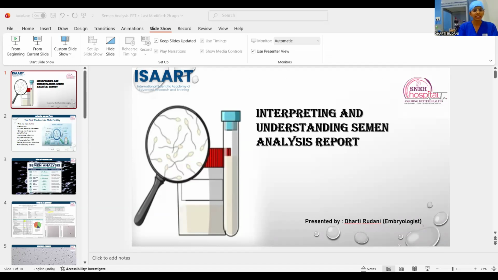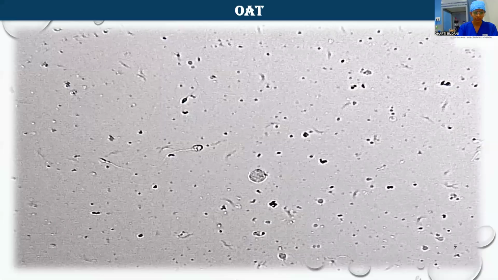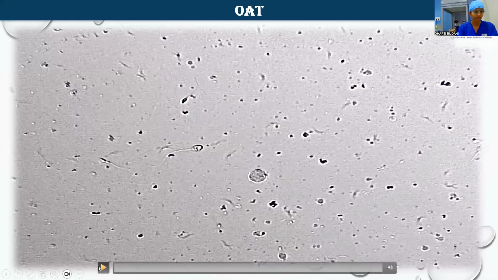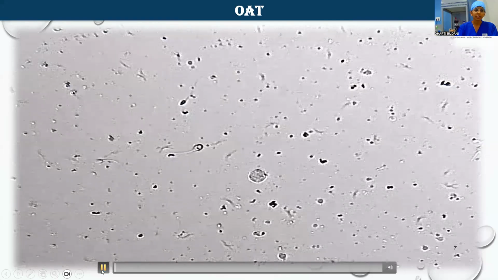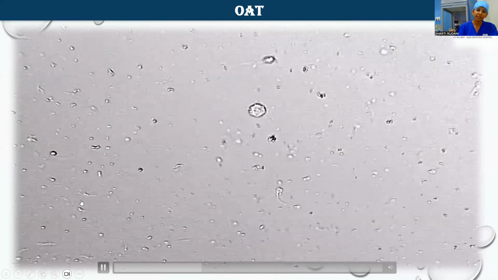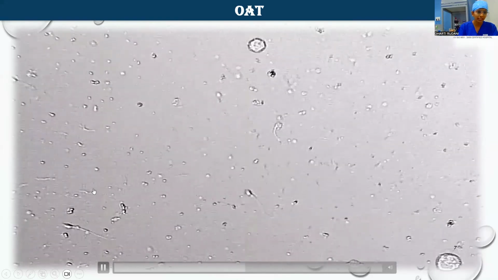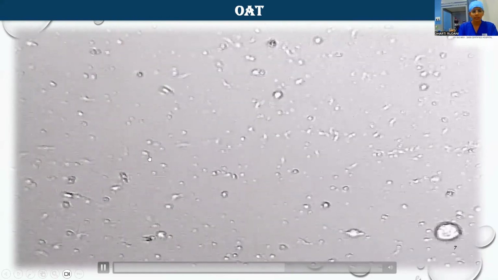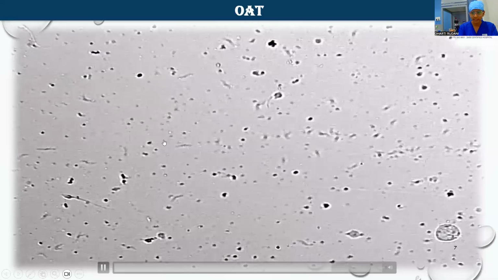As the severity increases, the likelihood of natural conception decreases, making ICSI the preferred treatment in many cases. This video demonstrates oligoasthenoteratospermia. Compared with the previous sample, you can see reduced sperm density, motility, and normal forms as well.